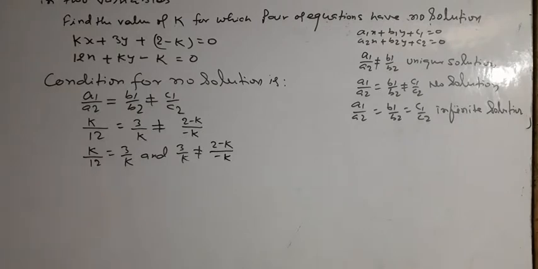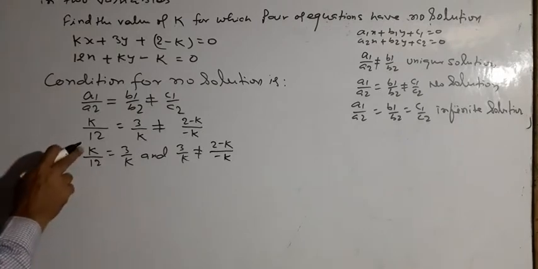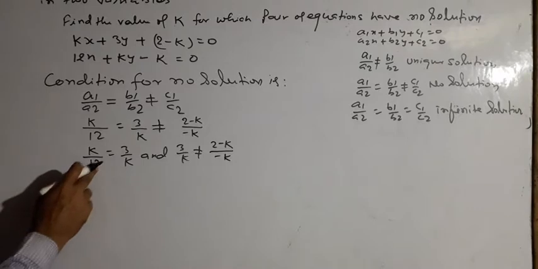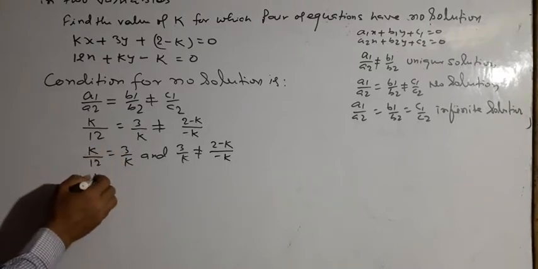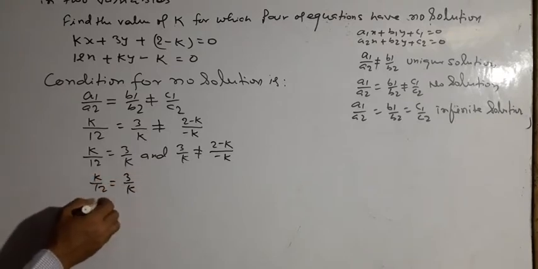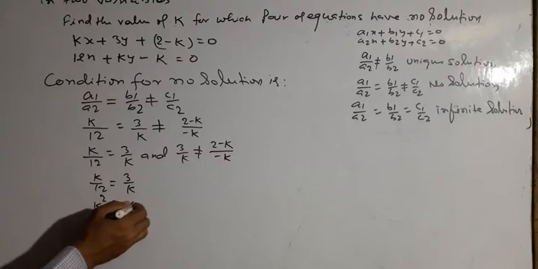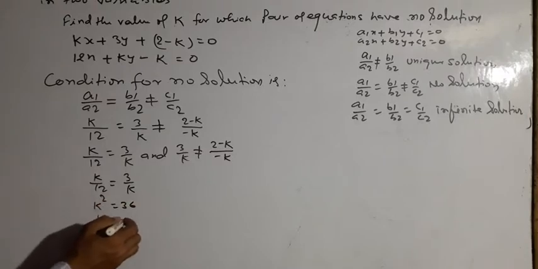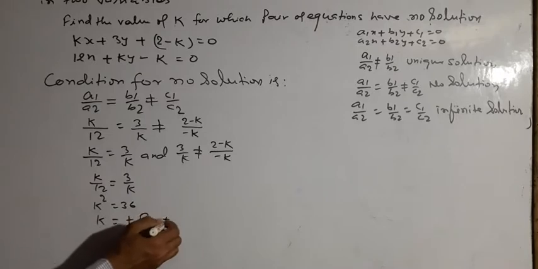We have two conditions. First, solve k by 12 equal to 3 by k. K square equal to 36, k equal to plus minus root 36, equal to plus minus 6.